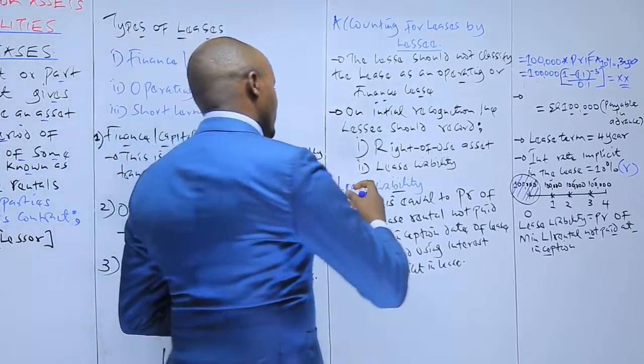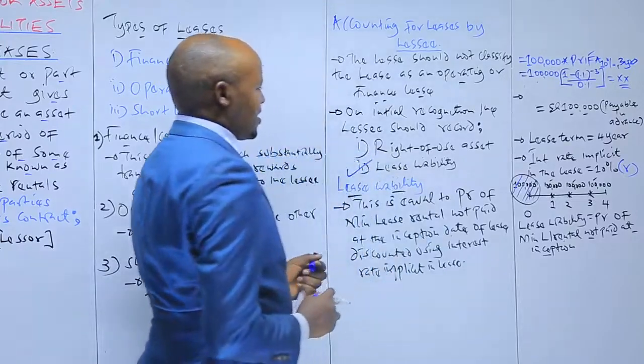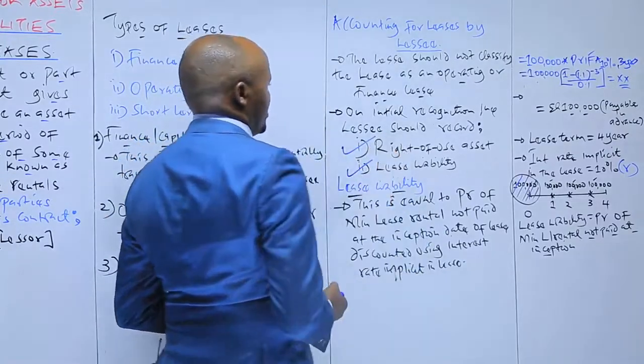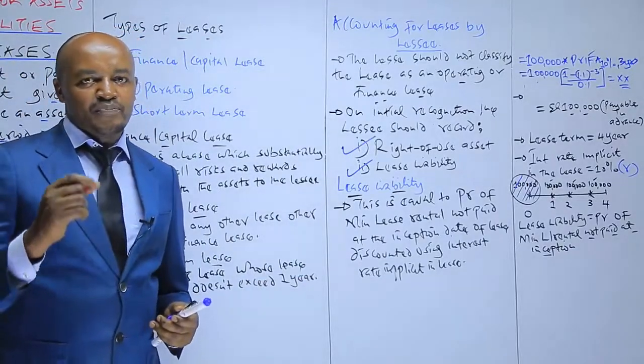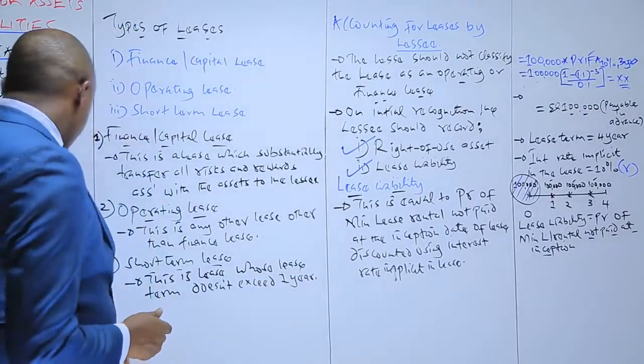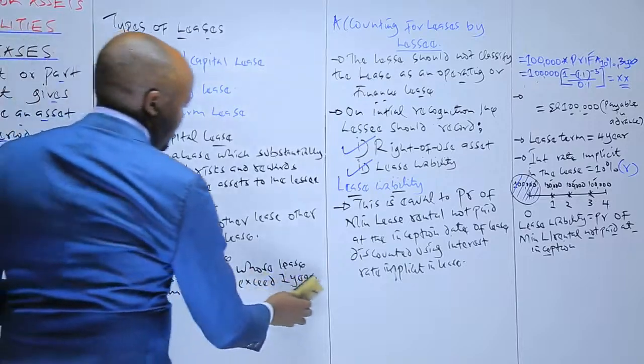Remember, in our case here, we have looked at how we determine the lease liability. So next, I want us to look at how we determine the value of the right of use asset. So let's look at how we determine that.